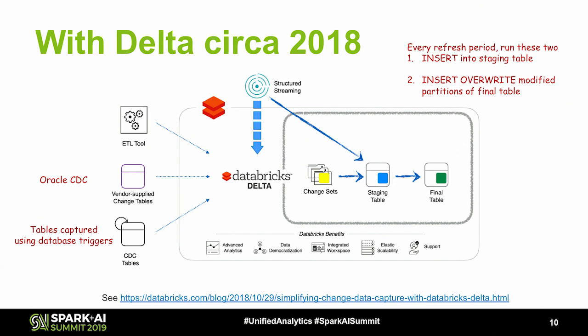From there, Delta runs the following two-step SQL. The first SQL takes the raw records from cloud storage and does a simple insert into a Delta staging table. The second SQL reads the modified partitions of the staging table and overwrites those partitions from the final table.